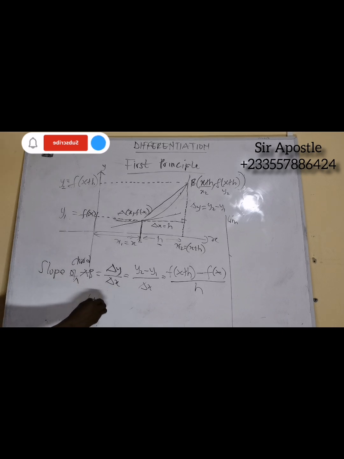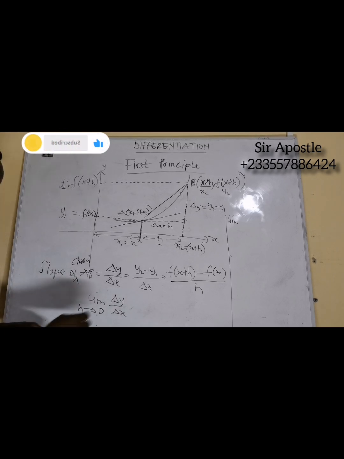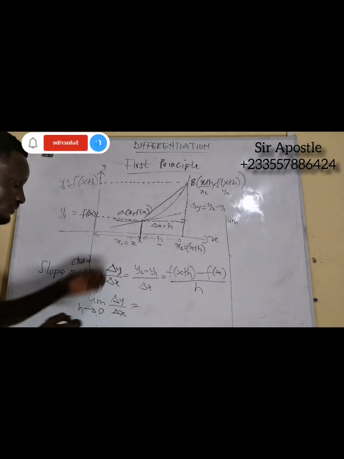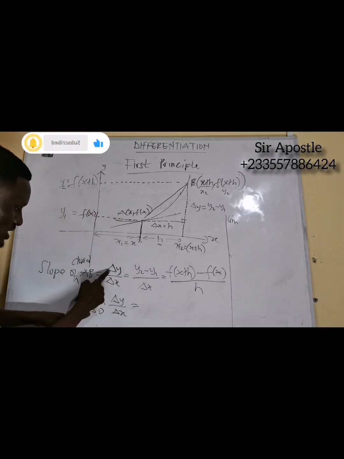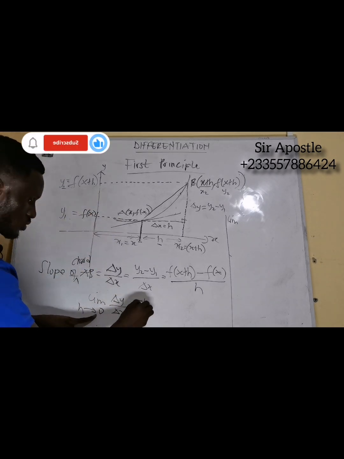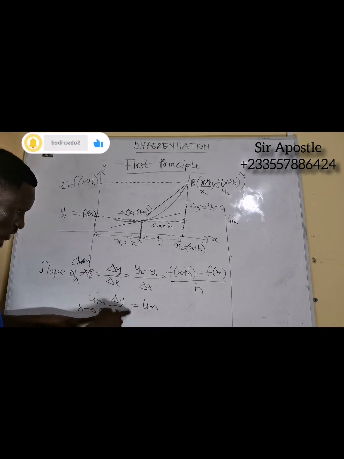Now let me talk about the limit of dy over dx, where the h is approaching 0. Now this one will give us the same as what? Which means I have to introduce the limit to this particular term, so you're going to have a limit of the whole of this one.